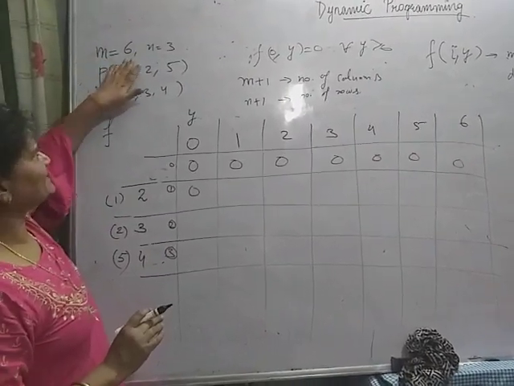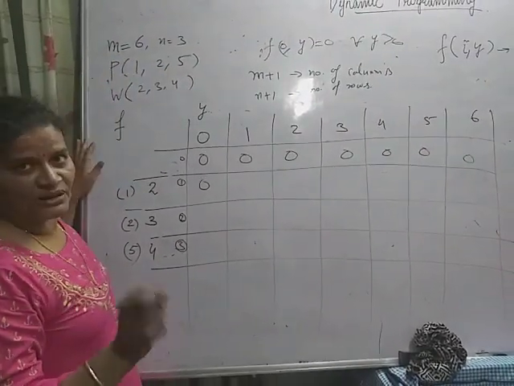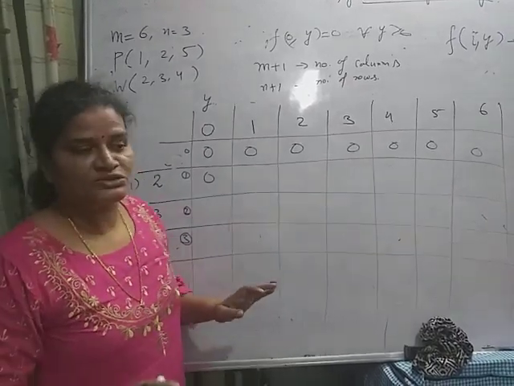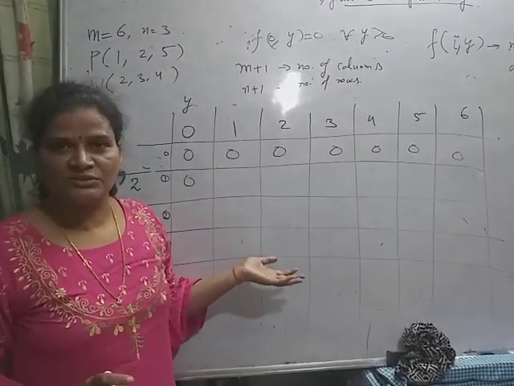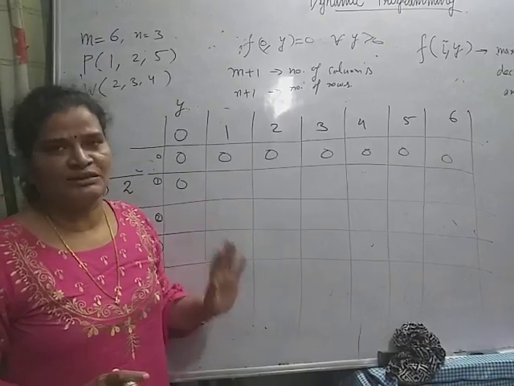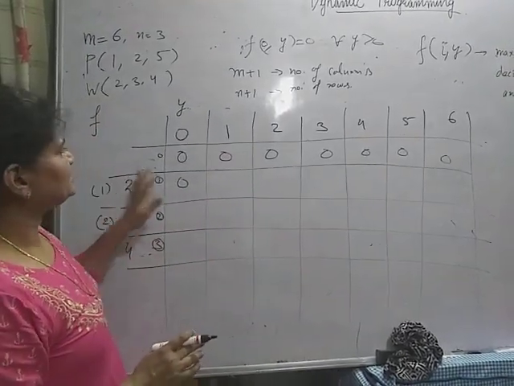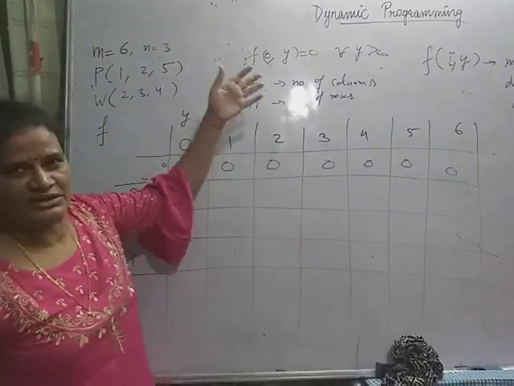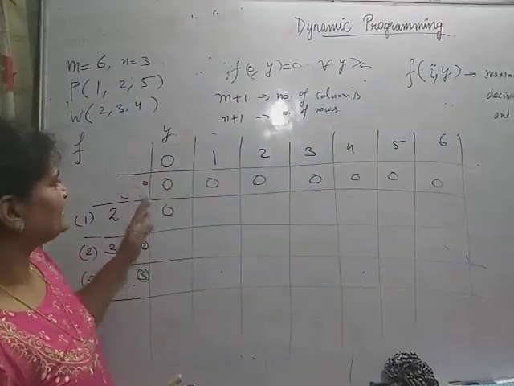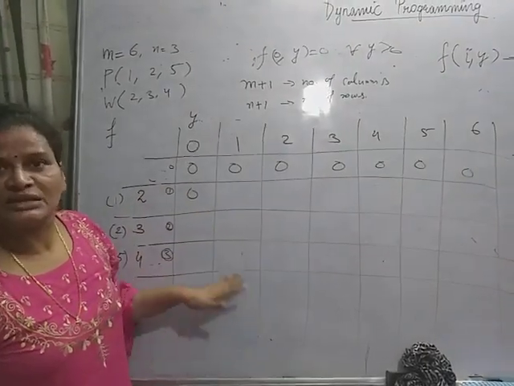Here m is 6, n is equal to 3, and p and w are given. The tabular method is efficient only when the capacity is less than or equal to 20, otherwise the size of the table is very large.